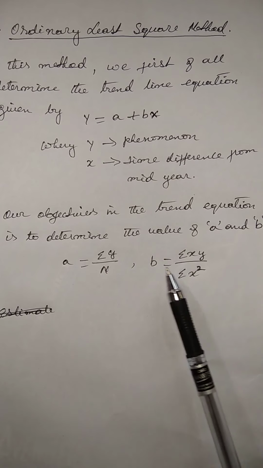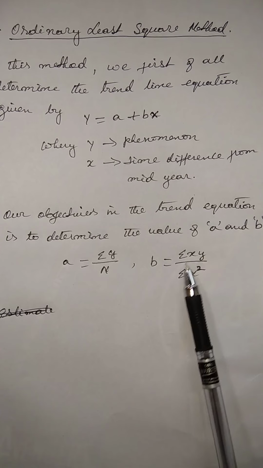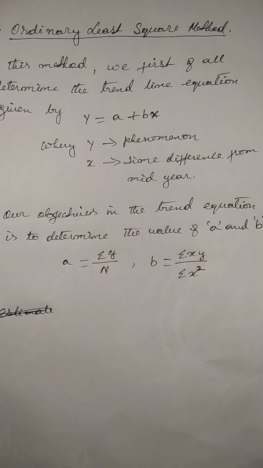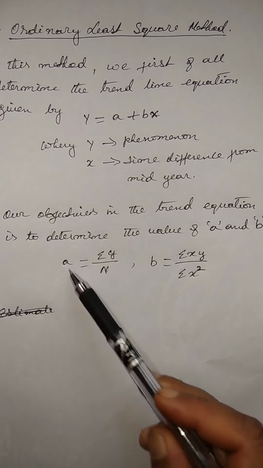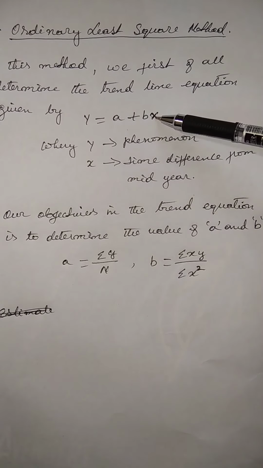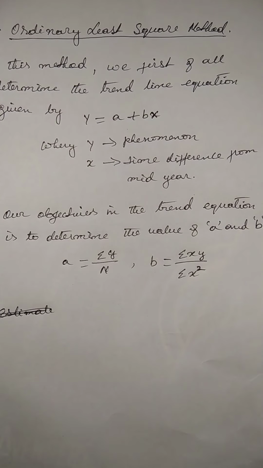The value of b is found by the total sum of xy divided by the total sum of x squared. Soon after we get the values of a and b, we can substitute them in the trend line equation.